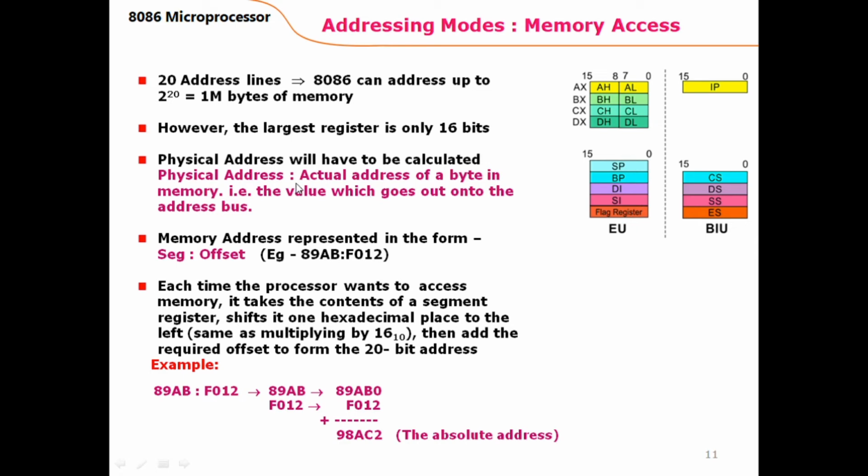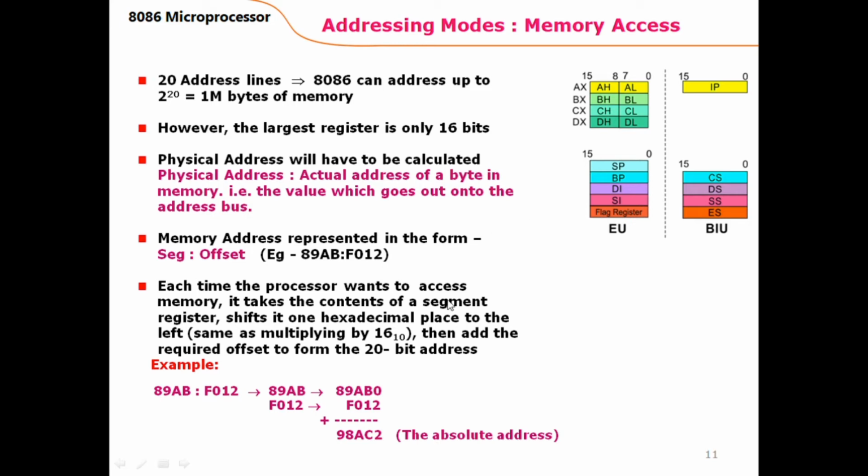For that, the physical address will have to be calculated. A physical address is the actual address of a byte in the memory. It's a 20-bit address. That's the value which goes out onto the address bus.